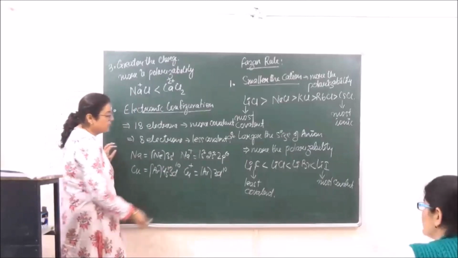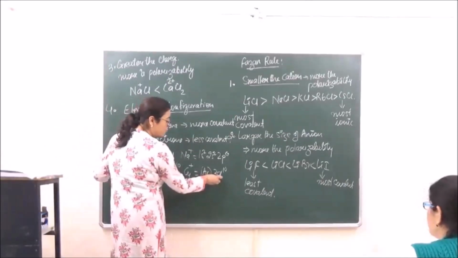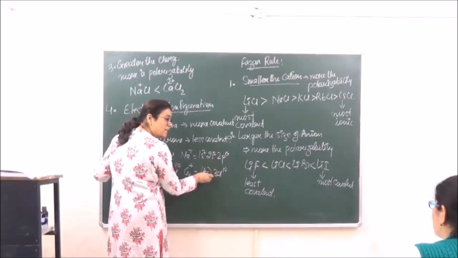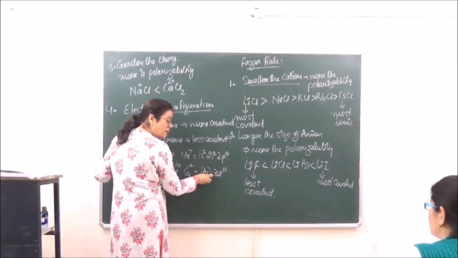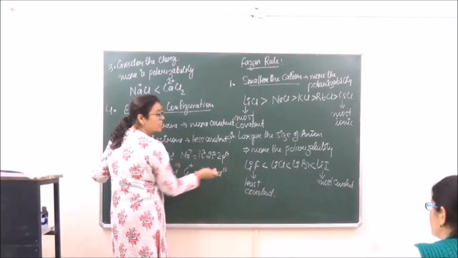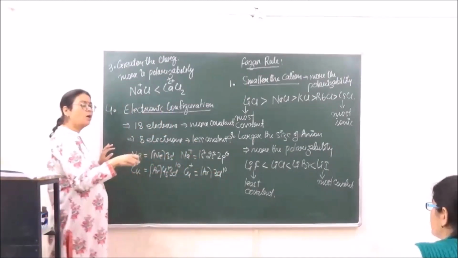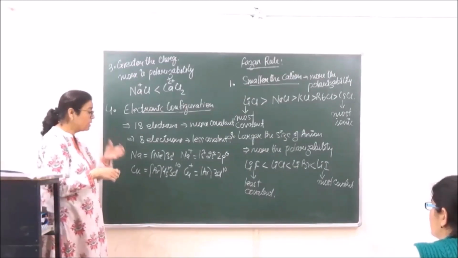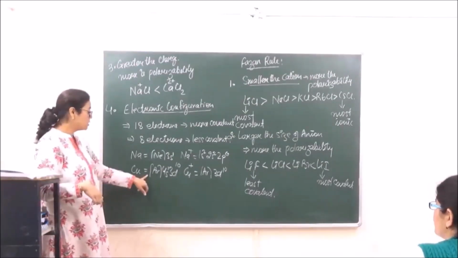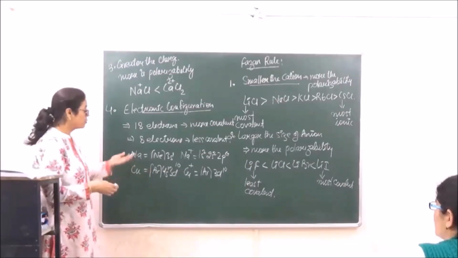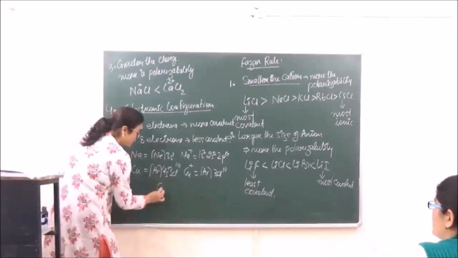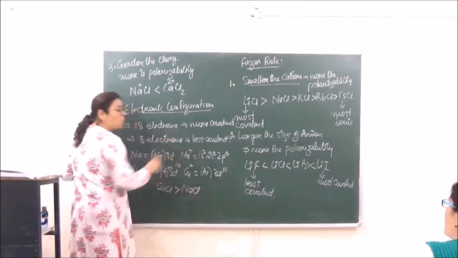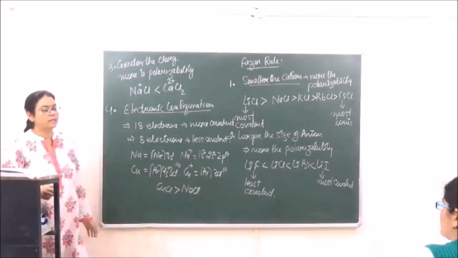So it will have 3d10 and also 3p6 and 3s2. So the outermost shell will have 10 of d, 6 of p and 2 of s. So the total becomes equal to 18. So this is going to be more covalent with respect to Na. So if we are taking the salt CuCl, that is more covalent with respect to NaCl.